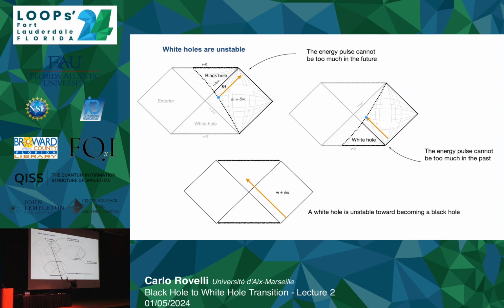So given delta m, there is a limit on how late this can be emitted, which means that given delta m, there is a limit on how late in time the radiation can get to scri plus. And remember, this is infinite. So for every amount of radiation, it cannot get to your distant observer at an arbitrary point in time. There's a bound. So the data here are not free.